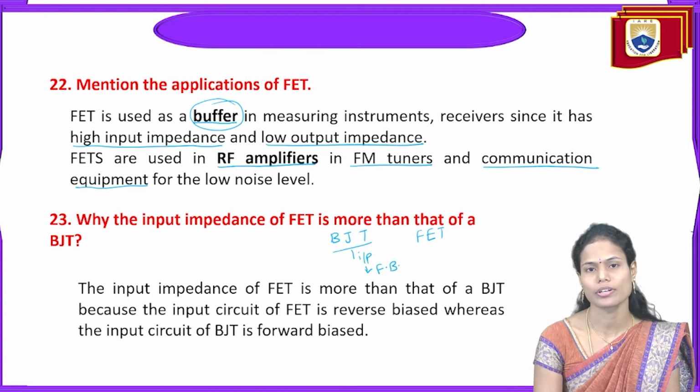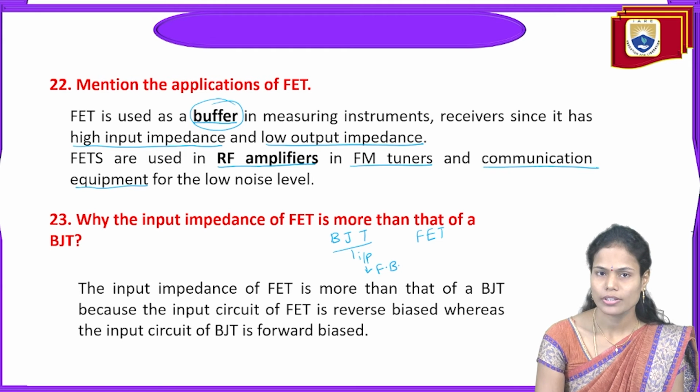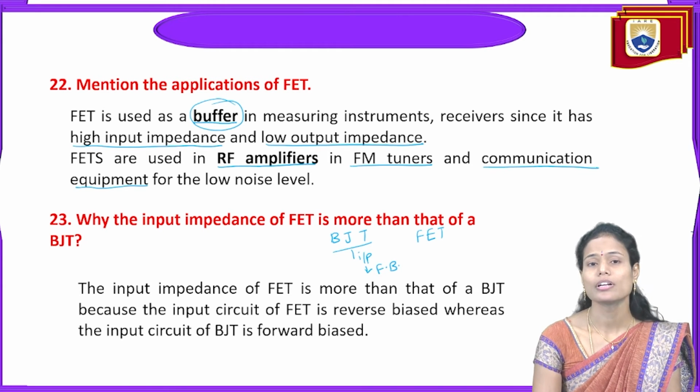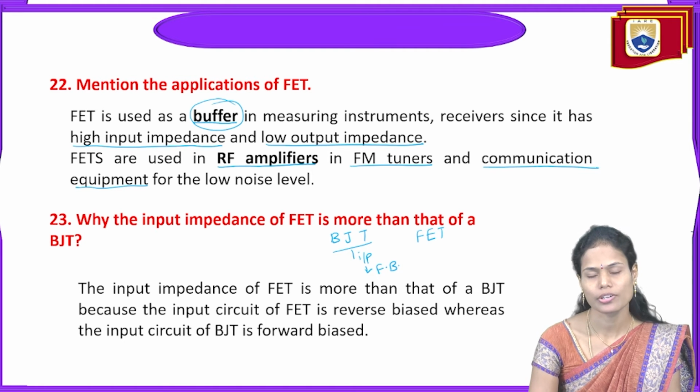Because of that reason, the input current is generated in the bipolar junction transistor. Because of that input current, the output current is generated in the circuit. The amplified version of the output current we can get across the output of the BJT.